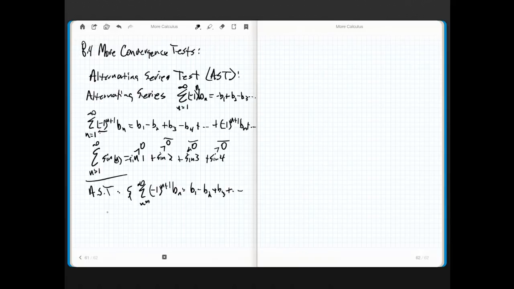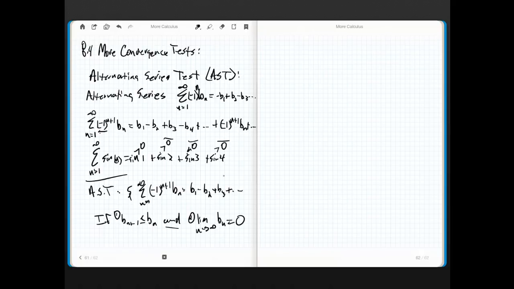So if, number 1, b sub n plus 1 is less than or equal to b sub n, and number 2, the limit as n goes to infinity of b sub n equals 0.